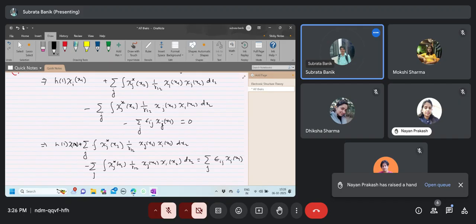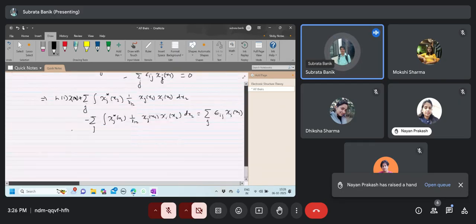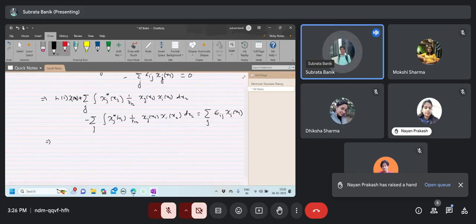You see, what I actually wanted to do is, let me write it this way. Look at this term, chi j of x2 chi j of x2. What does it mean?